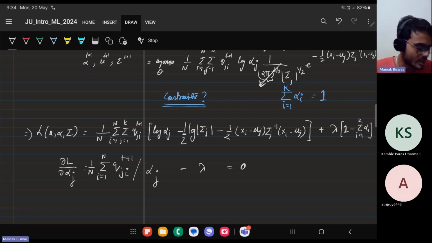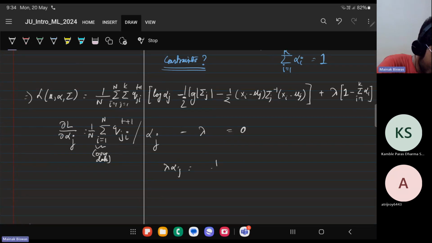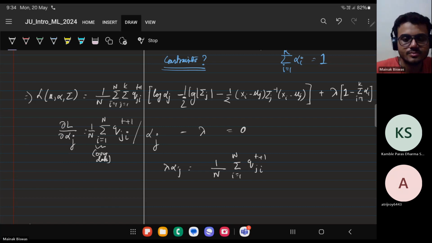Because i is the number of data points, it's going over the data points. So now what will I get? Lambda into alpha j is equal to 1 by n summation of i equal to 1 to n q j i t plus 1. Correct?